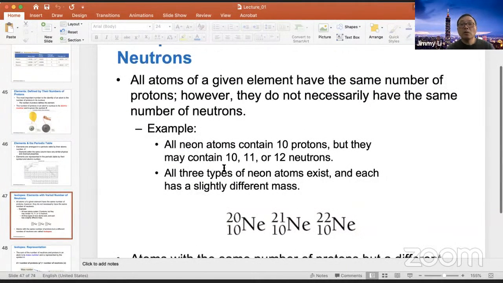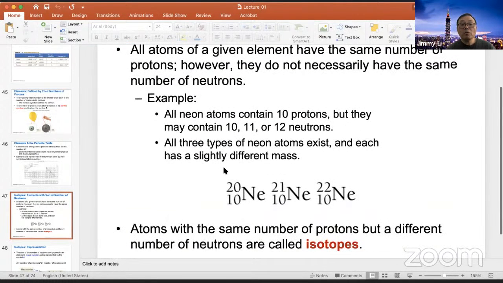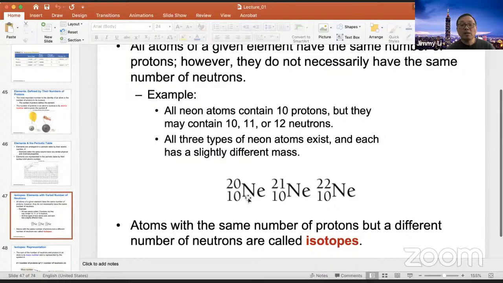Conventionally, we don't write it this way. Conventionally, we write a symbol and give two numbers: one on the upper left-hand corner, one on the lower left-hand corner. The upper left-hand corner gives the mass number, and the lower left-hand corner gives the atomic number.